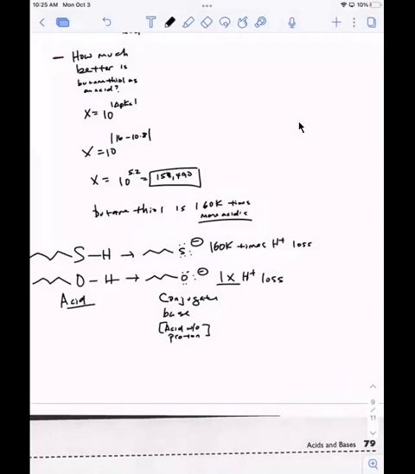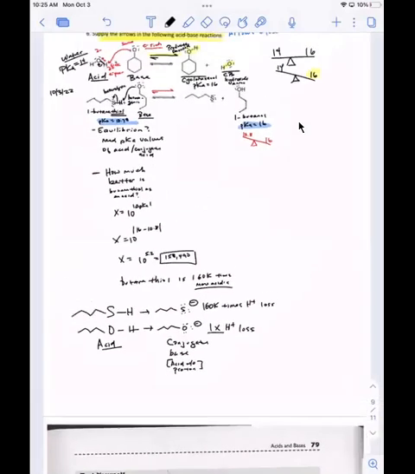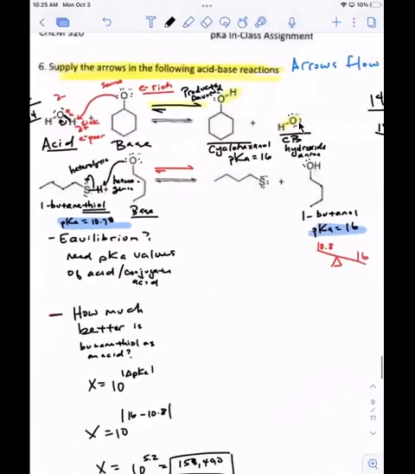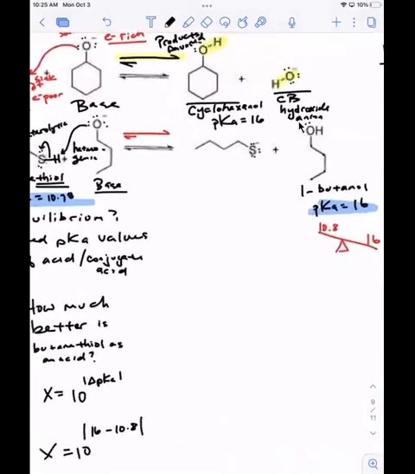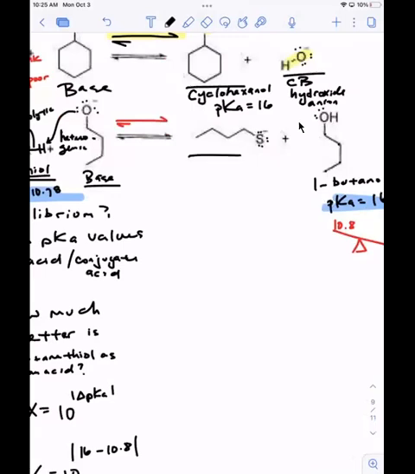All right. So that's why the equilibrium is going to favor the products, because every time you get here, right, that forward reaction is going at 160,000 times the rate of the reverse reaction. So in order to go from here back to here, that's happening once, but the forward reaction is happening 160,000 times.